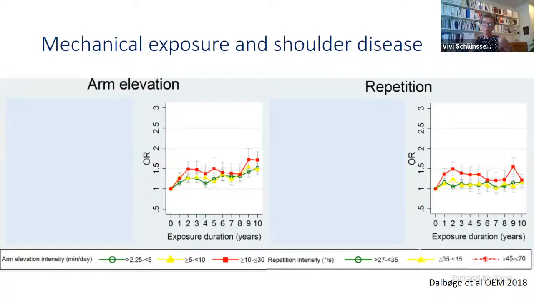With regards to arm elevation, it was clear that even for low intensity of arm elevation, you could see an increased risk with exposure duration. Whereas for repetition, there was only an increased risk for the highest intensity category. So I think this is another really nice example of how you can use good quality JEMs and get important and interesting results.